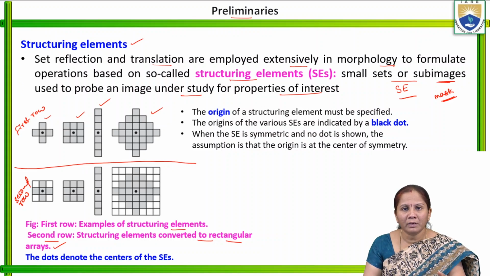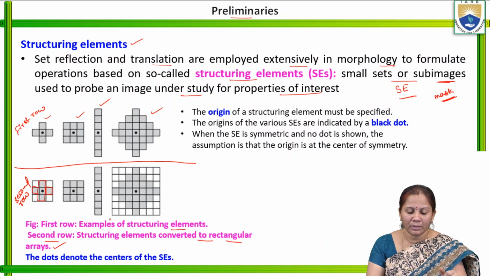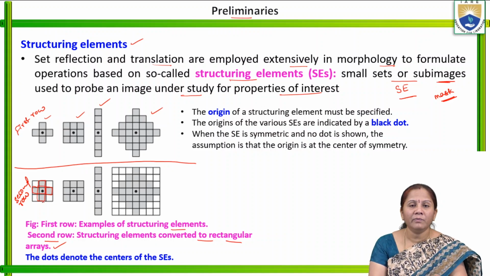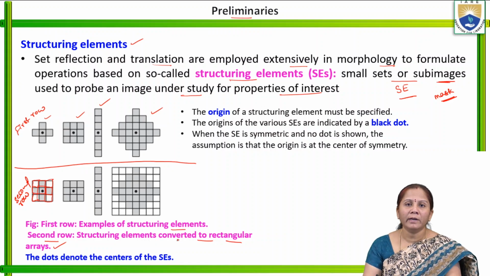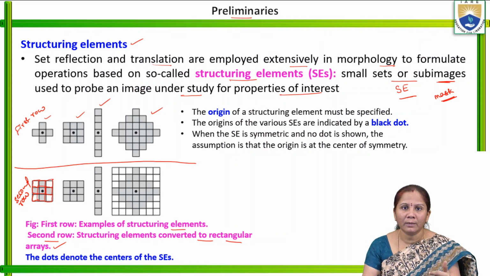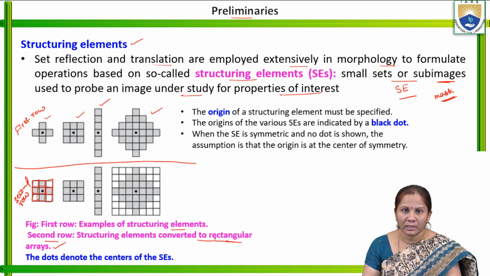So in order to make them rectangular, previously this was the structuring element, but here we have converted it into rectangular arrays by adding some extra spaces. All these are called extra spaces. These are added to the actual structuring element in order to represent it in the form of rectangular arrays.